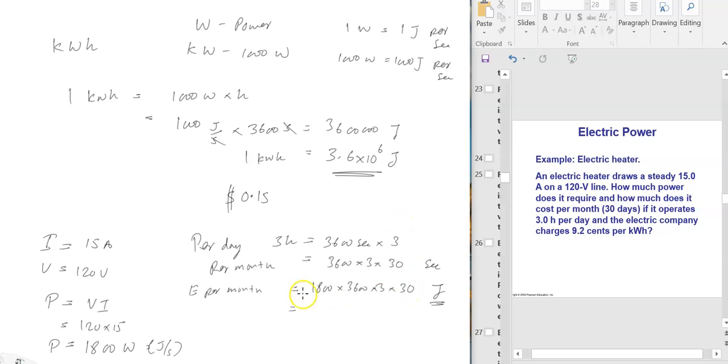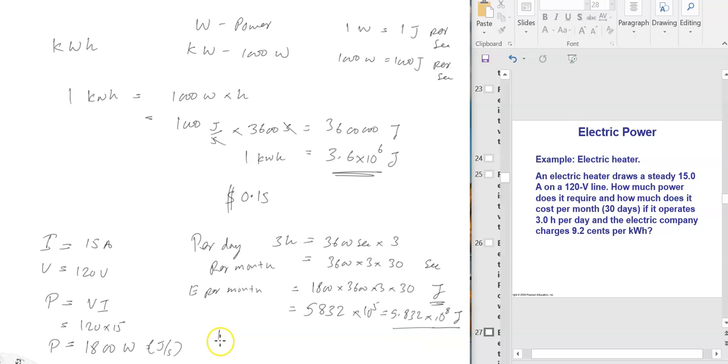The big number, 5832 times 10 to the 5, or 5.832 times 10 to the 8 joules. This many joules per month.